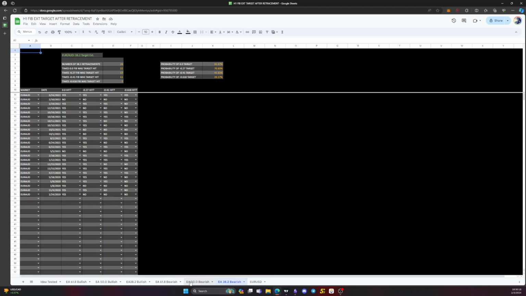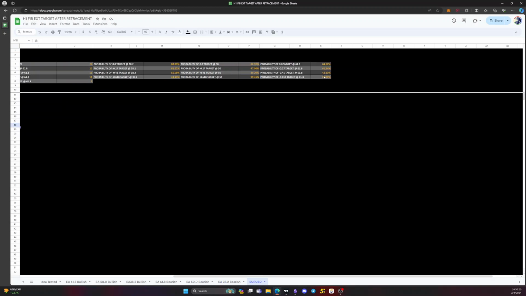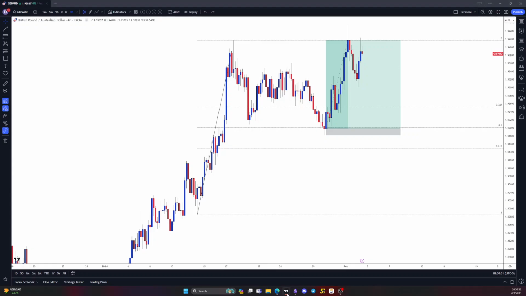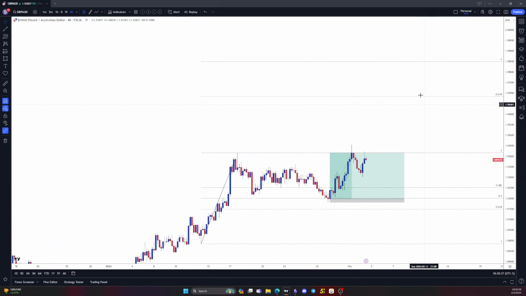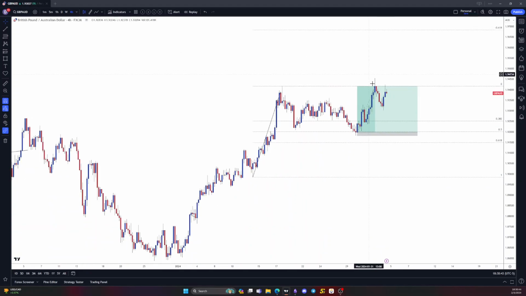So I could go through more, but just know that the zero target is the highest probability Fibonacci level to target. That's why I just targeted this zero level and I didn't go all the way up to the negative 61.8 or above or to negative 27 or negative 41, right?